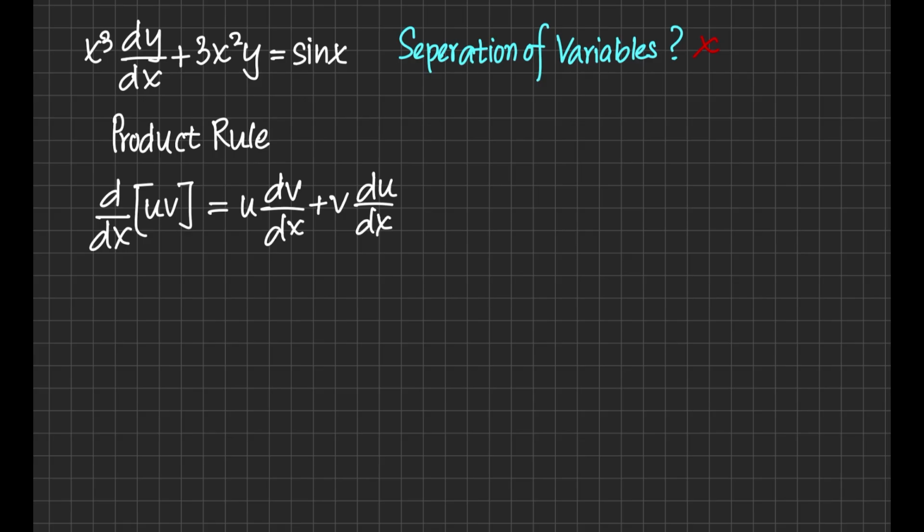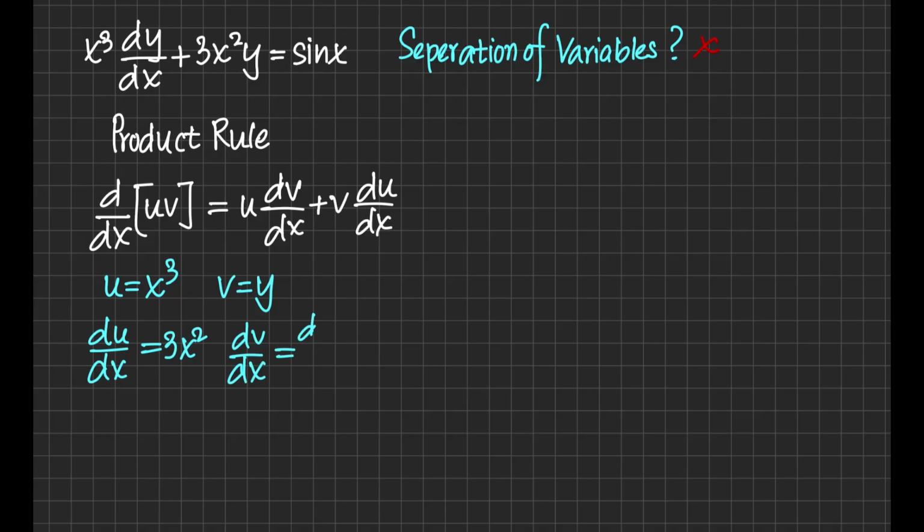We can recognize that if we equate u equal to x cubed and v is equal to y, we can see that du over dx is equal to 3x squared and dv over dx is equal to dy over dx.